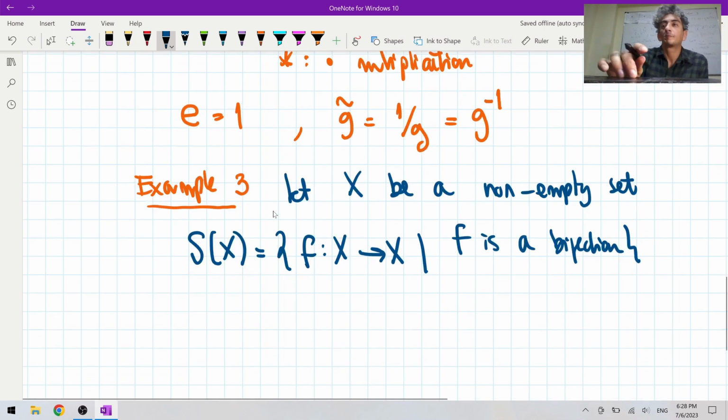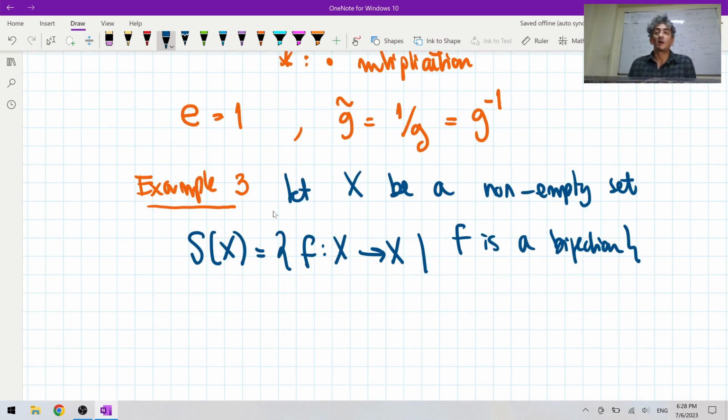Bijections are functions that can be inverted.